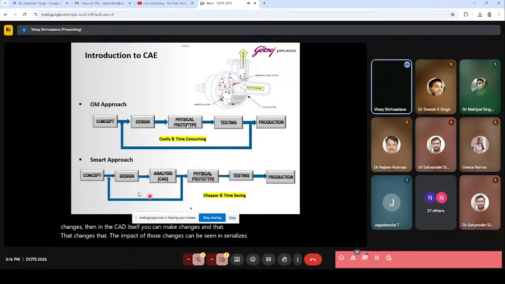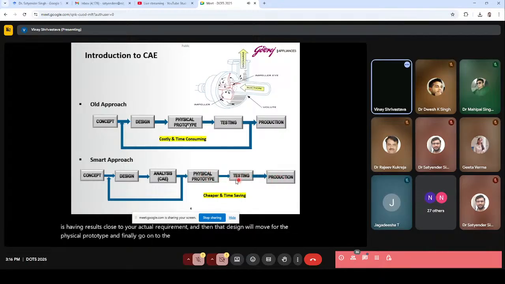So there is no need to create a physical model for every design, right? The CAE analysis will give you one final design which has results close to your actual requirement, and then that design will move to the physical prototype.